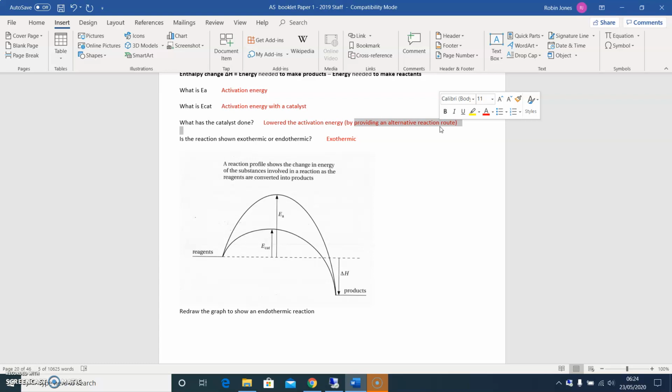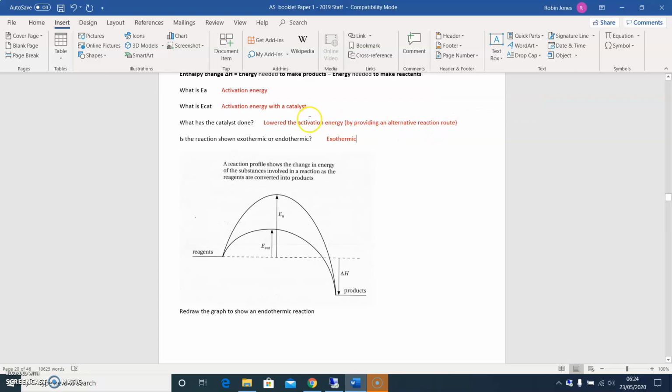And on the surface, the platinum bonds the two gases close together and brings them together. It's like bringing two people together on a date. You've got a better chance of them having a relationship, or liking each other, if you bring them together. That's called providing an alternate reaction route.